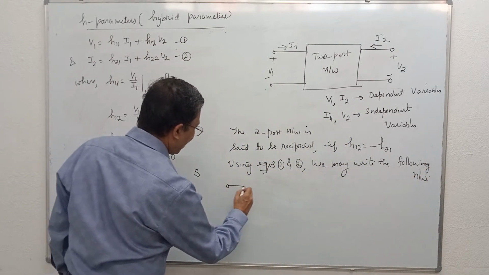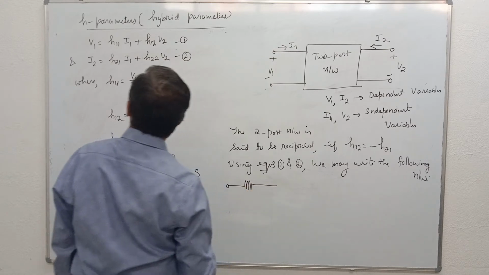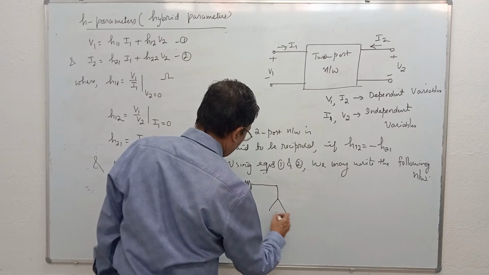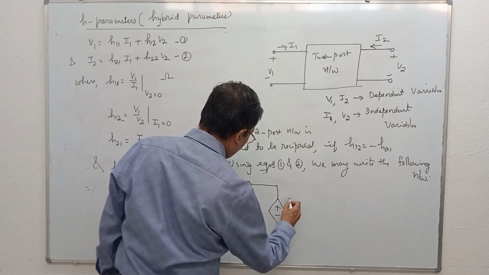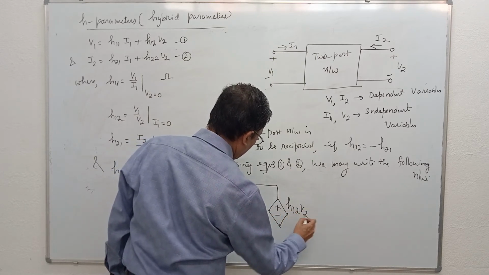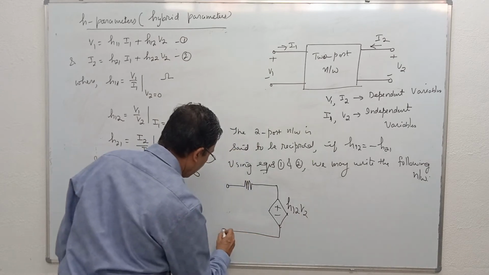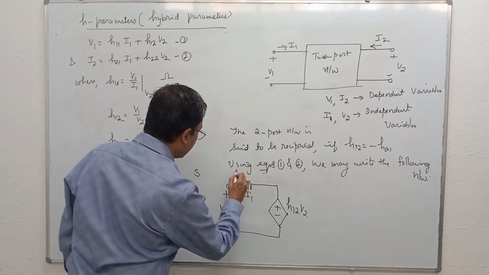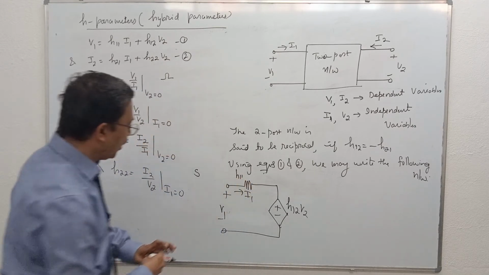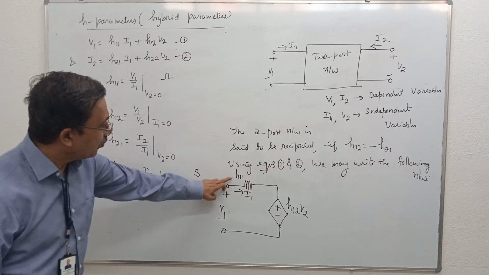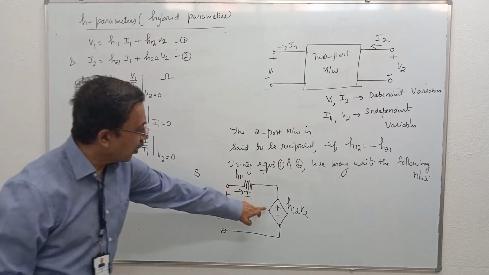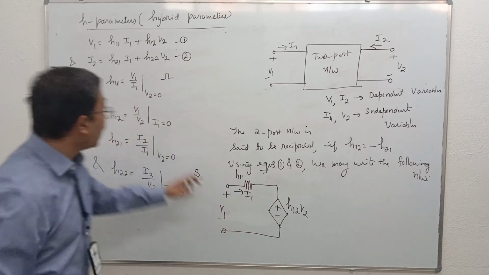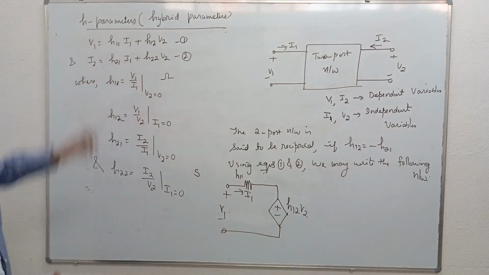See, how did we write this? Apply KVL: minus V1 plus H11 into I1 plus H12 into V2 is equal to 0. If you apply KVL to this loop, correct, you get equation number 1.